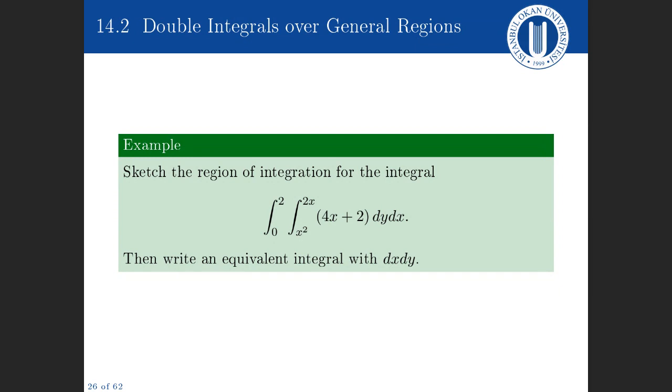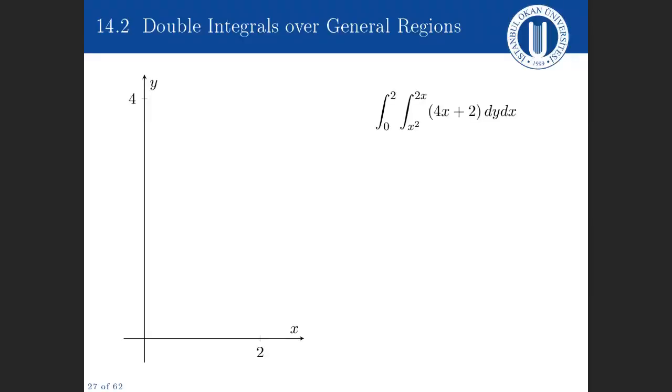So first, let's draw a picture of our region of integration. We have 4 things to think about. We have x equal to 0, x equal to 2, y is equal to x squared, and y is equal to 2x to talk about.